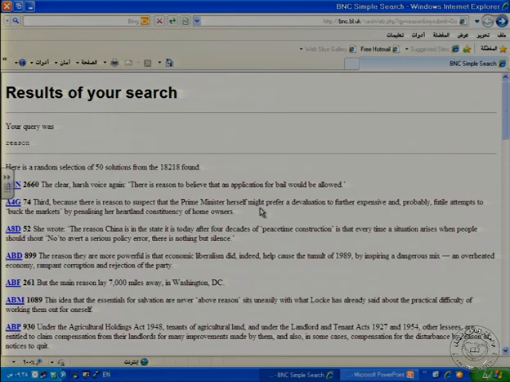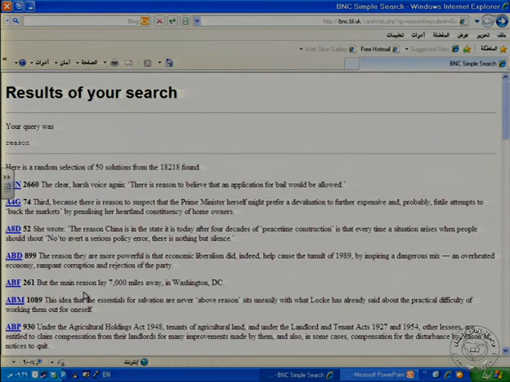So you start to get some feeling that this is a well-used structure of English. There is reason. There is reason. The reason China is the state it is today after 4 decades, the reason they are, again, the reason, another structure. But the main reason, so we have the main reason, collocation.